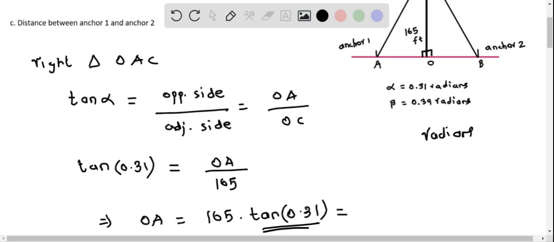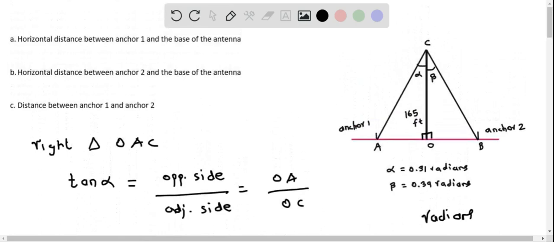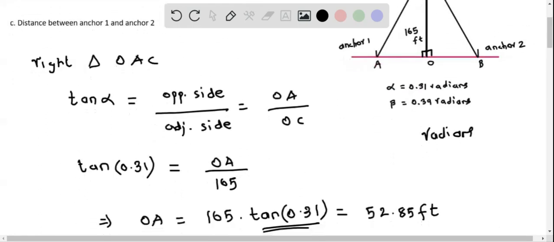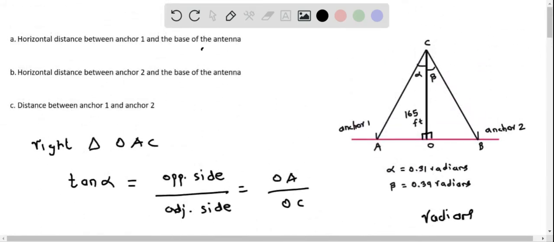So when we do that, we get 52.85 feet. And this means OA, the distance of the anchor 1 from the base of the antenna, is 52.85 feet. So we have answered the first question.